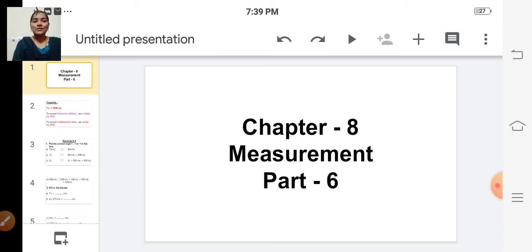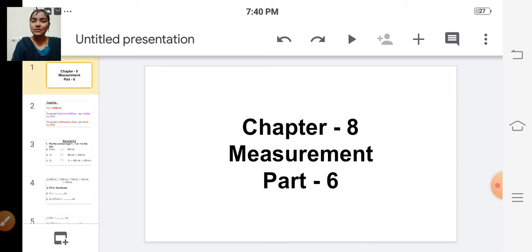Okay. So, today we are going to do exercise problems. In the previous class, what we have learned, capacity, right? And the conversions of milliliters and liters. How to convert milliliters into liters?